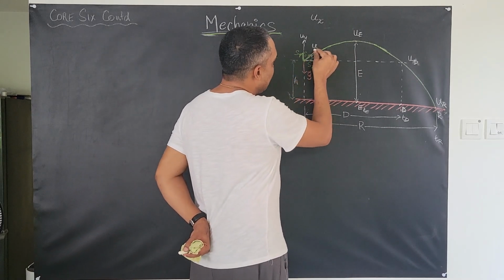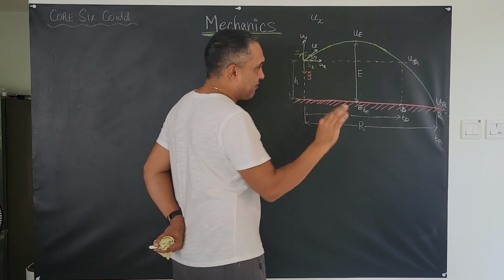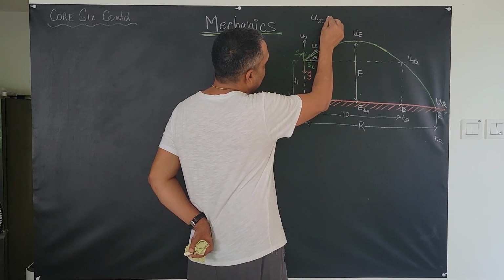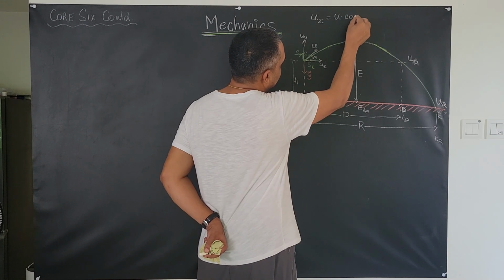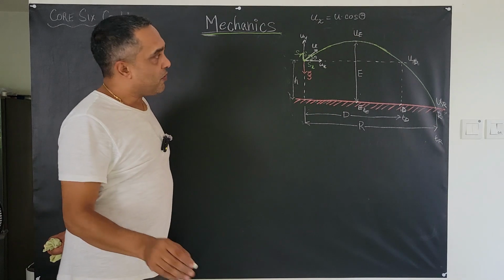If it was free fall, or whatever the acceleration in the direction of x, there is no acceleration at all. So I could probably just say u of x is basically its initial velocity u times cosine theta. I hope you're with me on that.